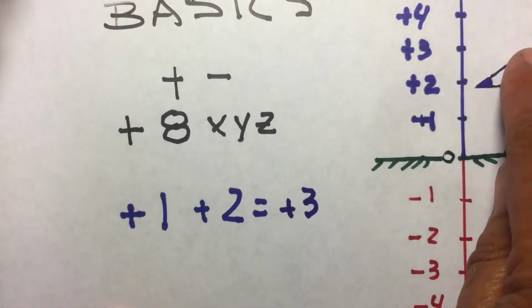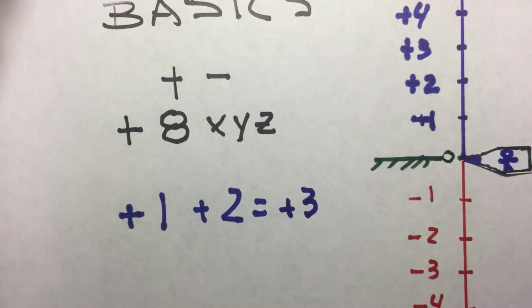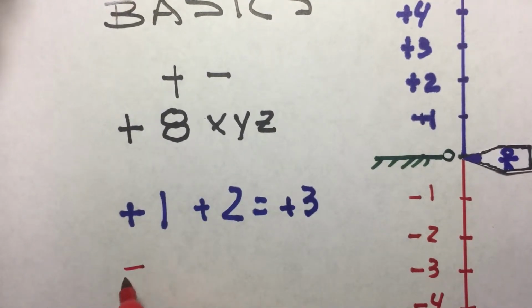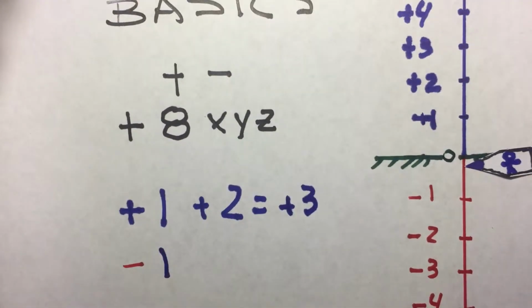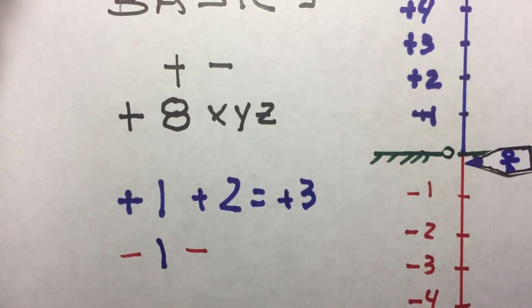Now let's go back to 0. And we are going to go to this operation. Minus 1 and minus 2.